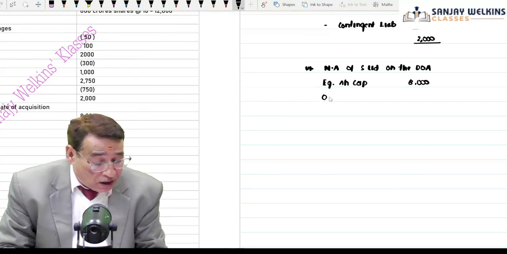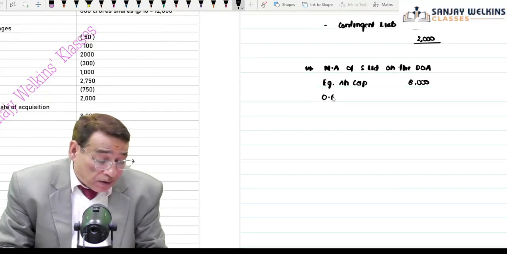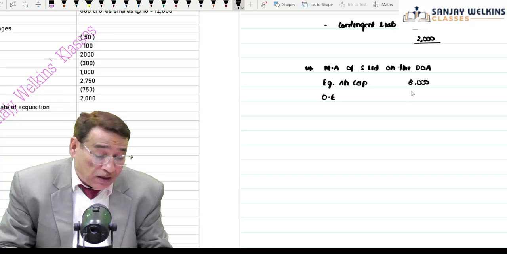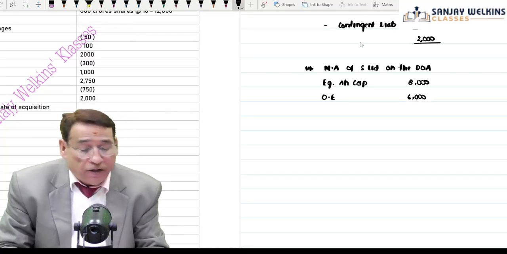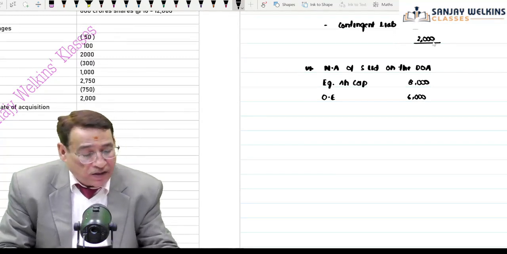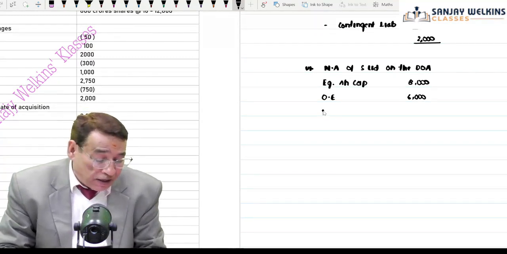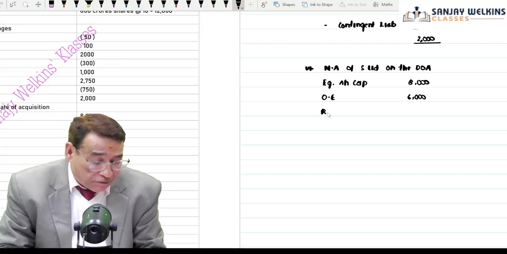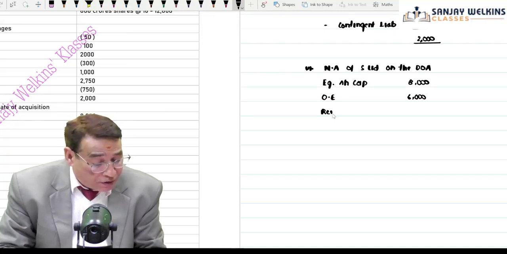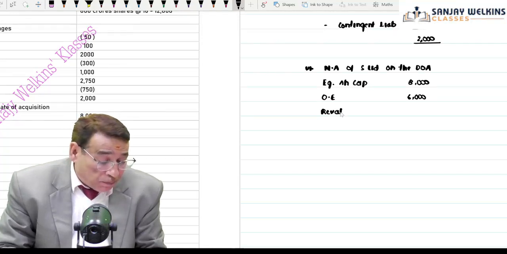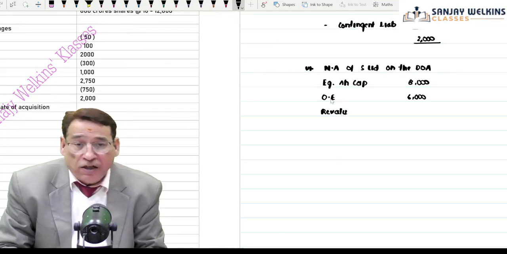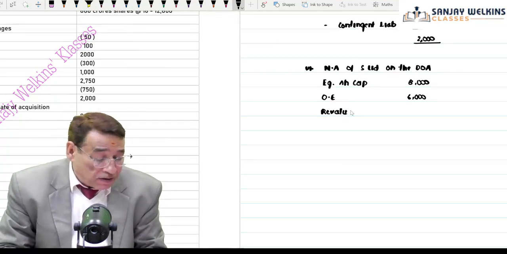And then other equity. Other equity given is 6,000. So I'm going to write here 6,000. And because of fair value changes, a reserve got created. I will write revaluation reserve or fair value reserve, whatever you may like to write. Equity means equity share capital plus all reserve and surplus.